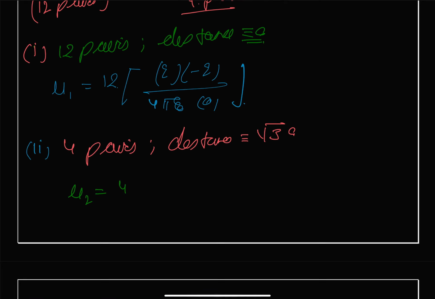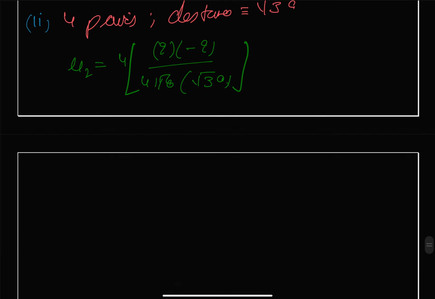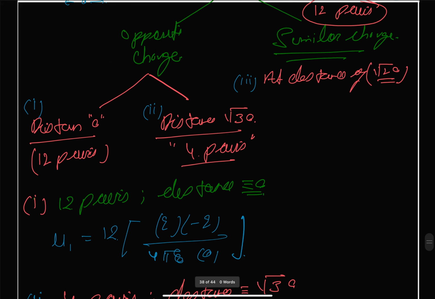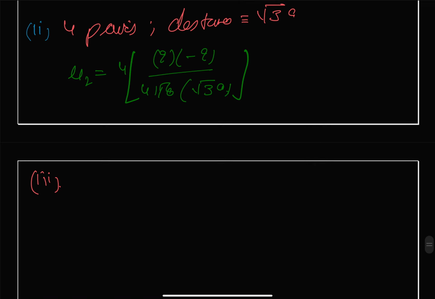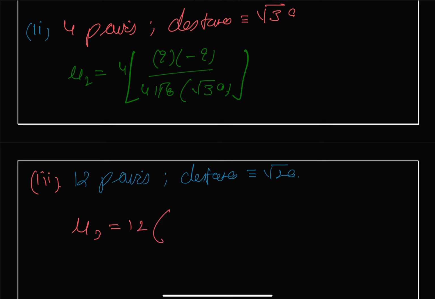So U2 will be equal to 4, and this comes as Q multiplied by minus Q over 4 pi epsilon naught, and this is root 3 times A. And finally our third part is the similar charges with 12 pairs, and the distance is root 2 A. We can write U3 as 12 times 1 upon 4 pi epsilon naught, the charges are the same, multiplied by root 2 times A.